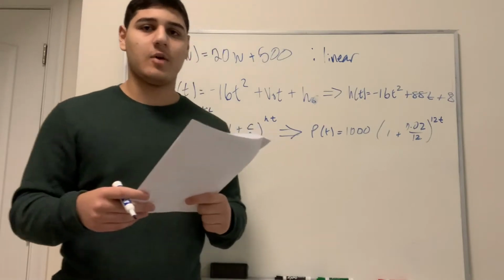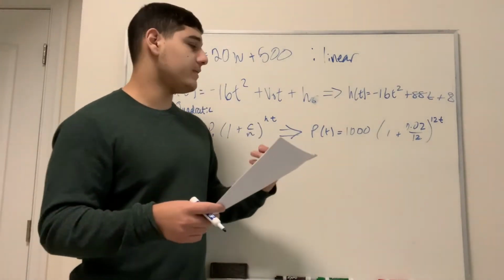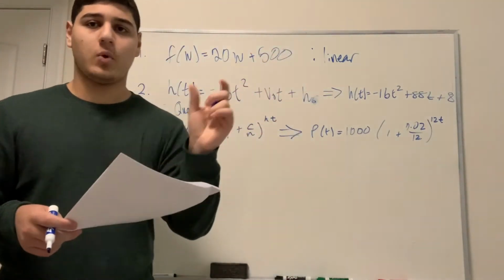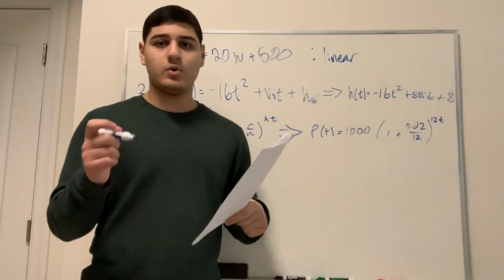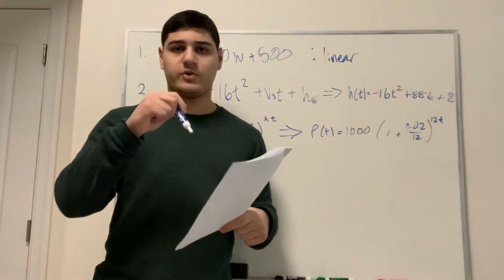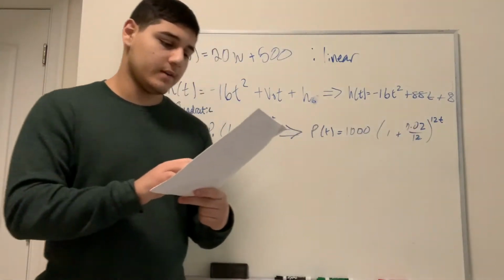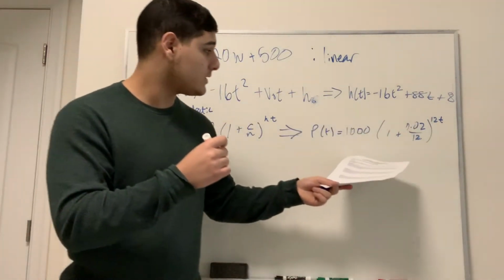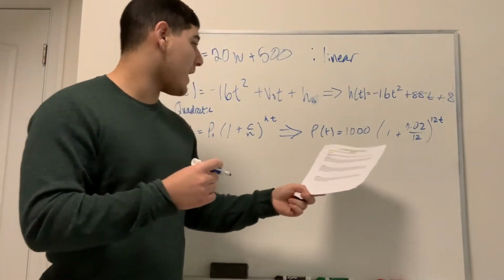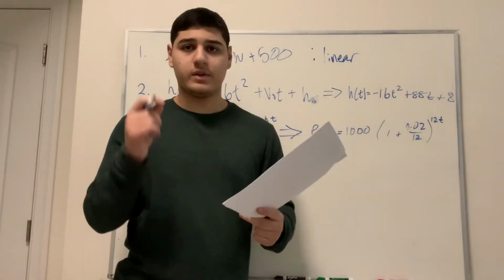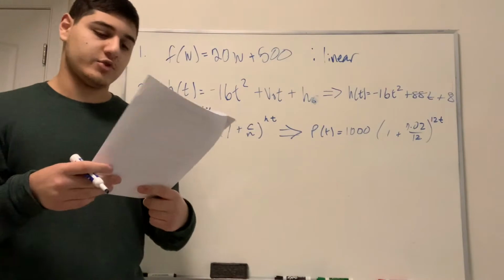So how do you find out how much you're getting every month? Well, you divide the annual rate by 12, because there are 12 months, and that gives you the percentage increase every month. So it'd be 0.02, the annual rate, divided by 12 months, and then you add that to 1 to get your monthly interest rate.